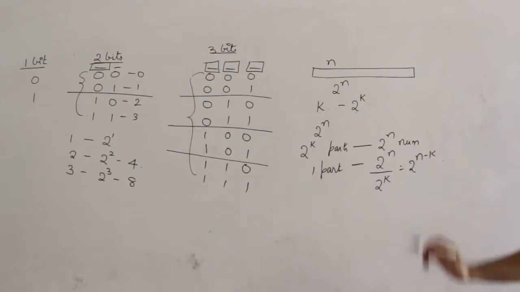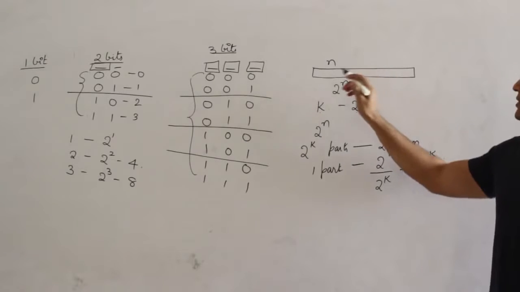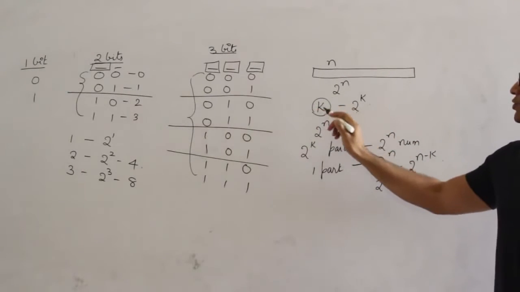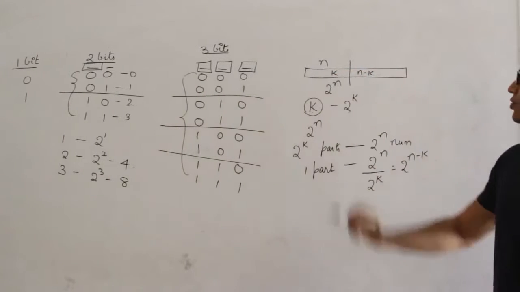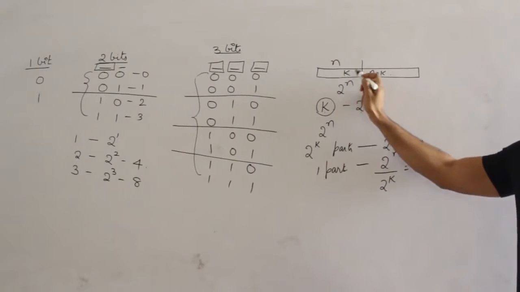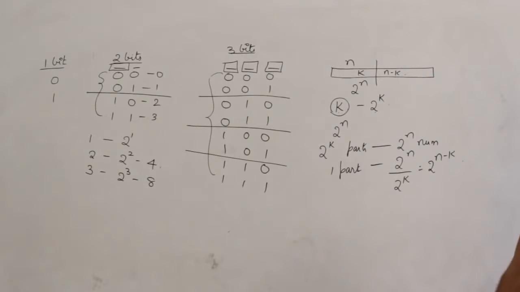So this is important. Now coming to computer networks, this n bits is the IP address, the k bits I choose is the network ID part, and n minus k bits is the host ID part. So if I choose k bits, I'll get 2 power k networks, and the size of each network is 2 power n minus k.